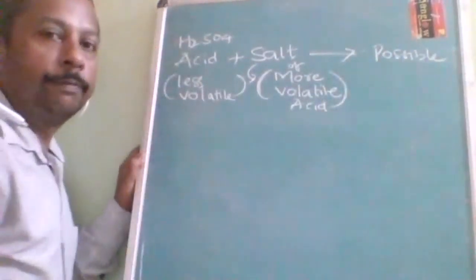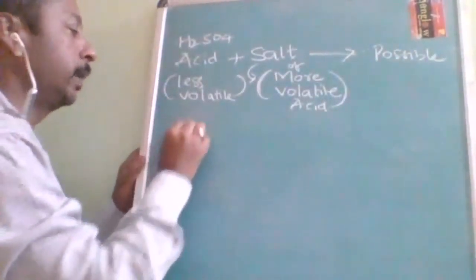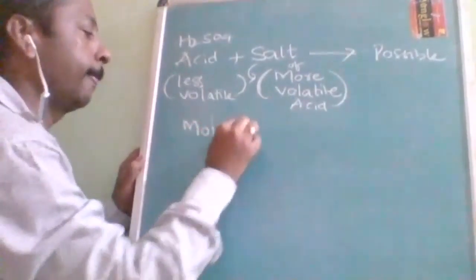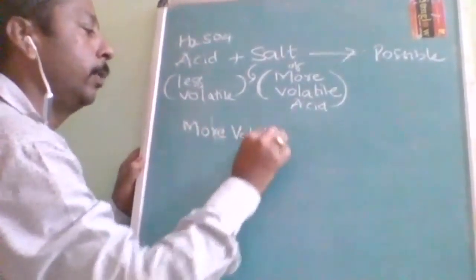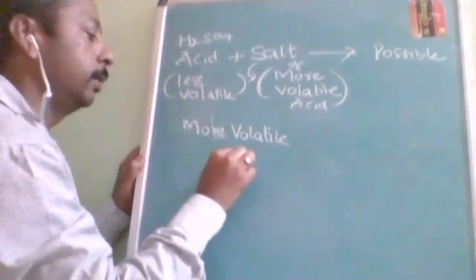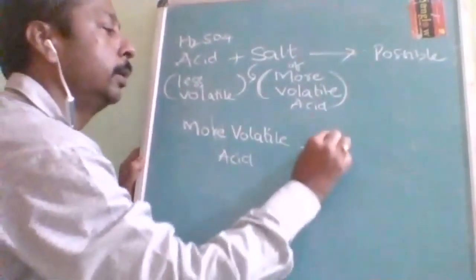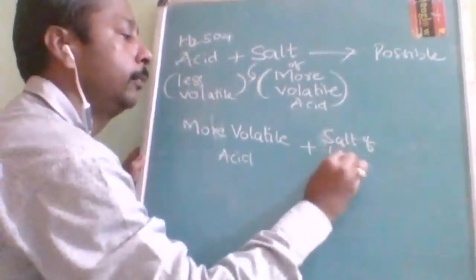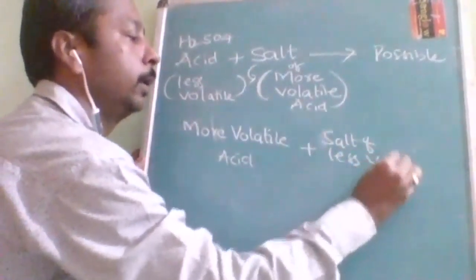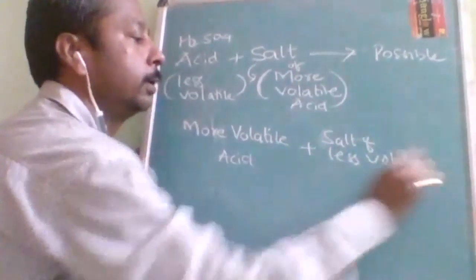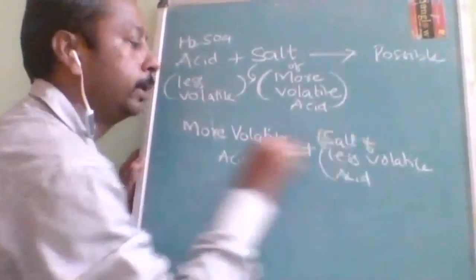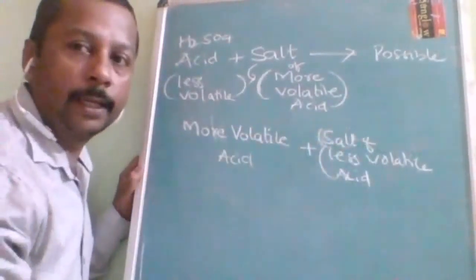If the opposite is there, that means a more volatile acid plus a salt of a less volatile acid, this is the salt and this is the acid.